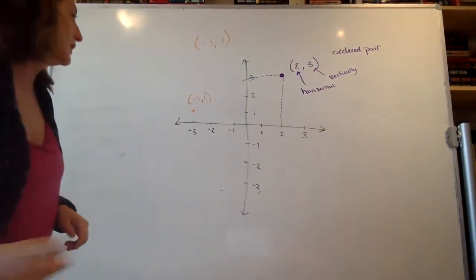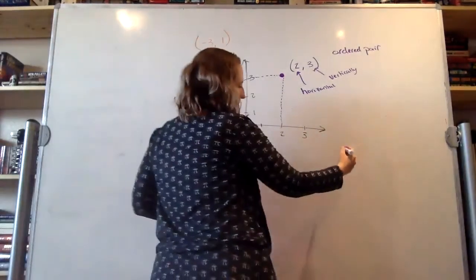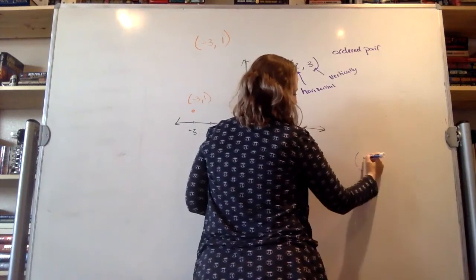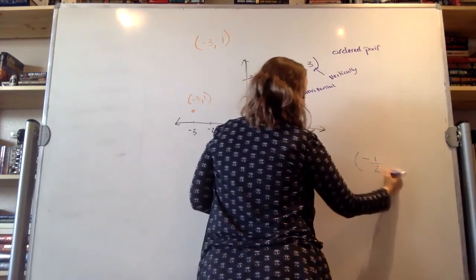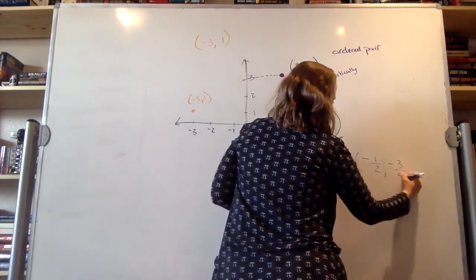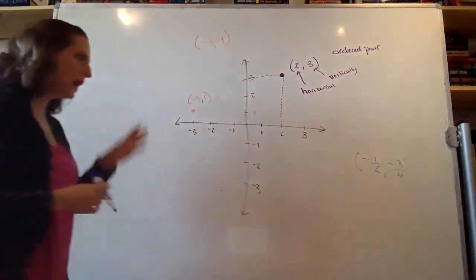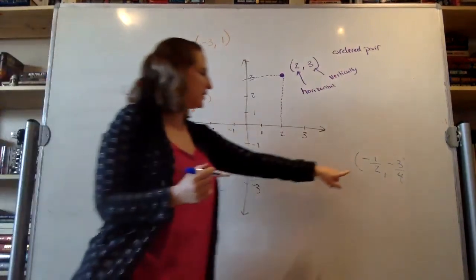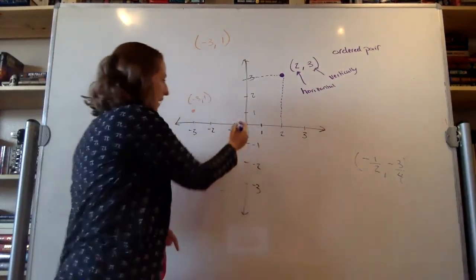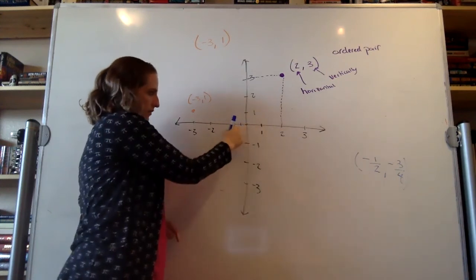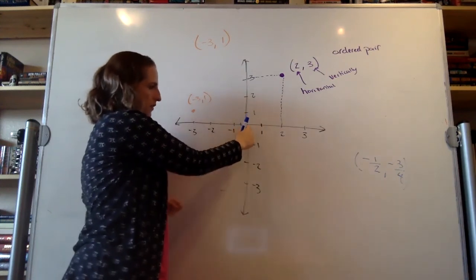Let's do one more. What if I was asked to do the point -1/2, -3/4. Okay. Oh no, fractions, that's okay. What does this tell us to do? It tells us to go to the left 1/2. Here's 1/2, right? 1/2 to the left, or -1/2, is between 0 and -1.